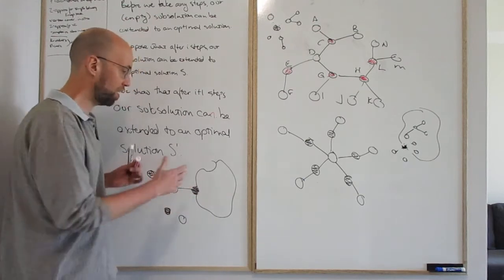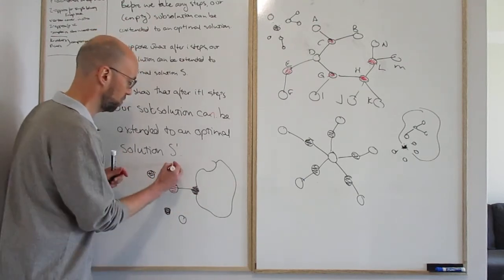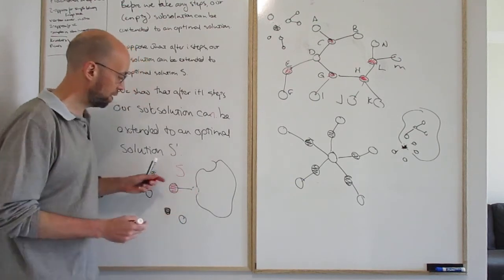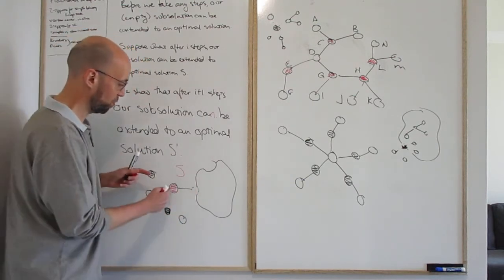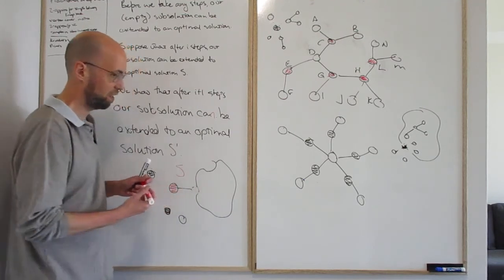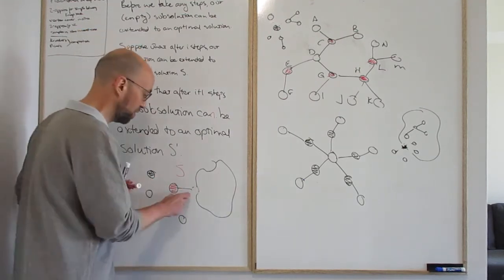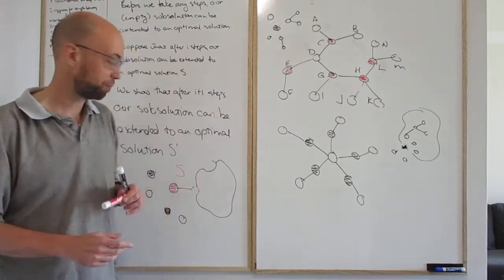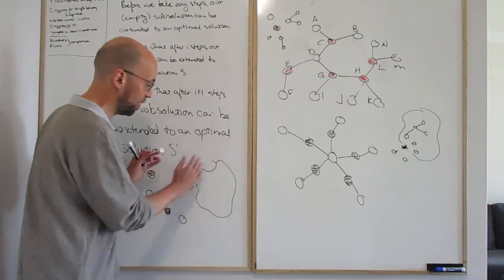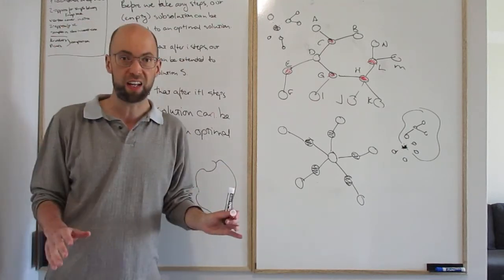So how do I take this solution S and modify it to get S prime? Well, instead of taking this one, I take this one. And that way, I still cover this edge. The rest of S, I can do the same way.